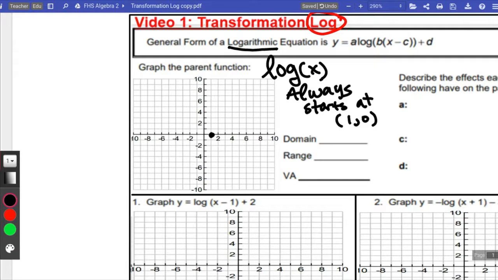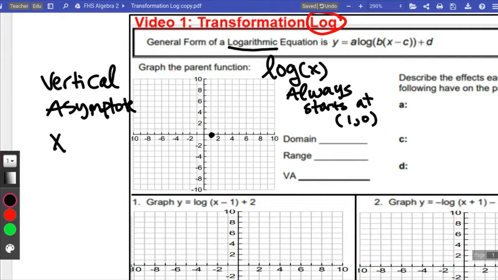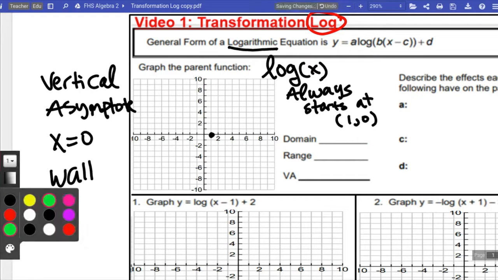Not only that, it will also always have a vertical asymptote. The vertical asymptote is located at x equals 0, meaning the wall. So you're probably thinking, well, you're writing too much, Mr. Kabongo. Well, here's the wall. X equals 0 is right here. That's the vertical asymptote for the parent function.